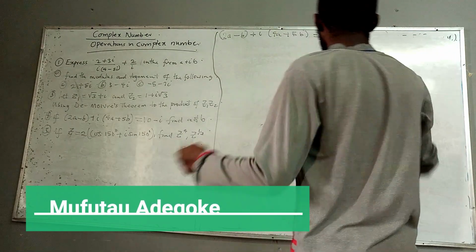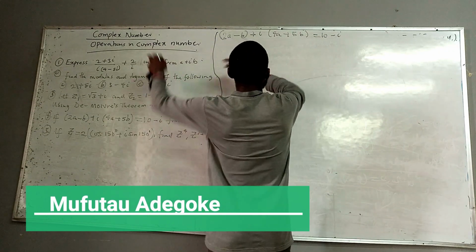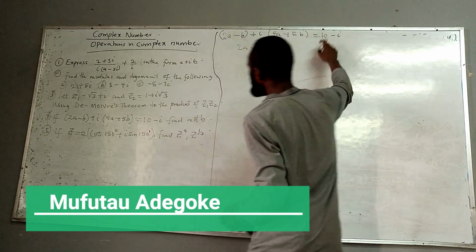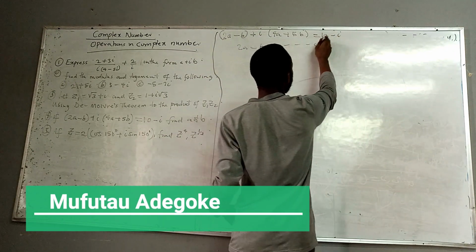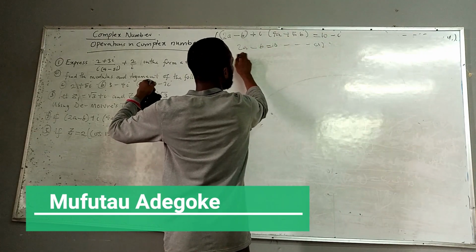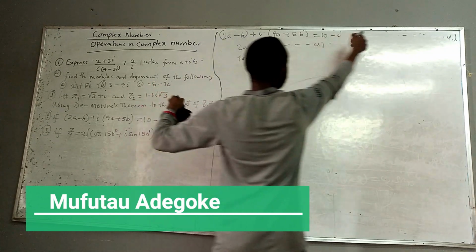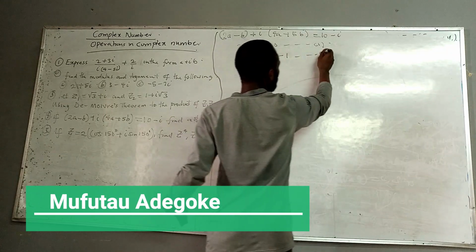What we just need to do is compare both sides. It means I can see the real part for the left hand side is 2a minus b, which equals the real part for the right hand side, 10. Call this equation 1. For the imaginary part, the left hand side is 4a plus 5b, and the imaginary part for the right hand side is minus 1. Then this is equation 2.